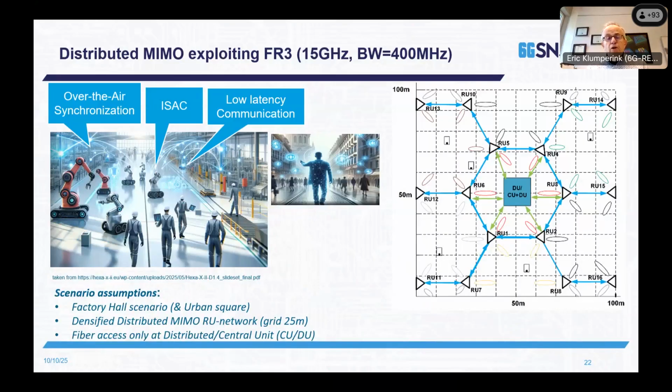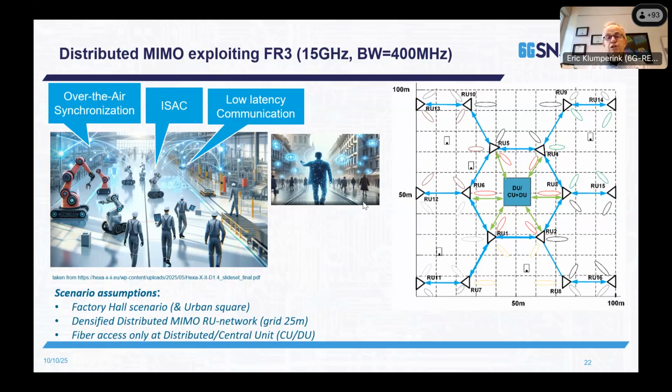So clearly on communication, but then we are working on a new band, the 15 gigahertz band, where we have 400 megahertz bandwidth, and distributed cell-free MIMO systems with a lot of radio units, where we think it's no longer practical to have everything connected to fibers. So the assumption is that there is a densified network with about 25 meters grid distance between the radio units.